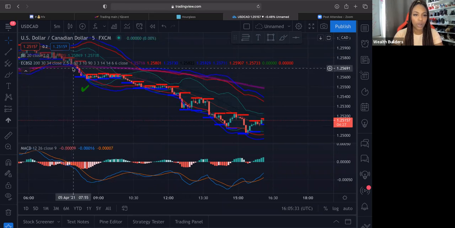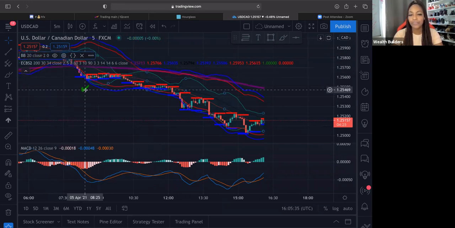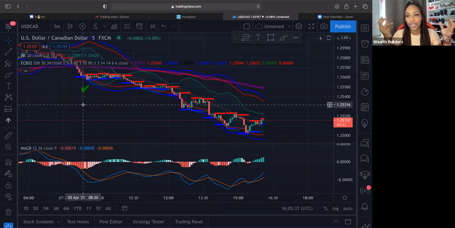All right, guys, I don't know why it won't let me change that. But when you go into your Bollinger Bands, on the upper band, you can make it red and make it thicker. And then on the bottom Bollinger Band, you can make it green and make it thicker so you can see. All right, let me tell you how the Evan Cabral strategy works for me, okay?